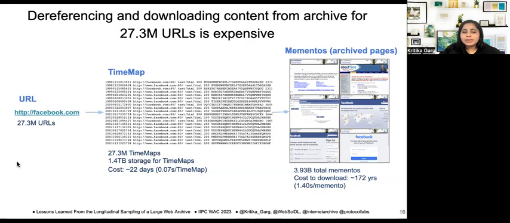To get the actual content, we would have to download the mementos. These 27.3 million time maps have almost 4 billion mementos in total. If we were to download all of them, it would take us around 172 years. This cost is without any parallelization, but still it's an expensive operation.